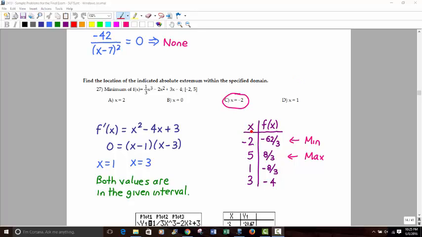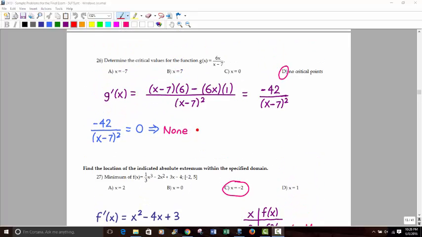So when I make my little t-chart here with x and f of x, first thing I always do, and they don't have to be done in numerical order, I put my endpoints in there, negative 2 and 5, because I know those are going to be in there for sure. Then I look to see if I get any critical numbers or not. So you take the derivative of this, you're going to get x squared minus 4x plus 3. Same derivative, after you factor it out, as a couple of problems ago.